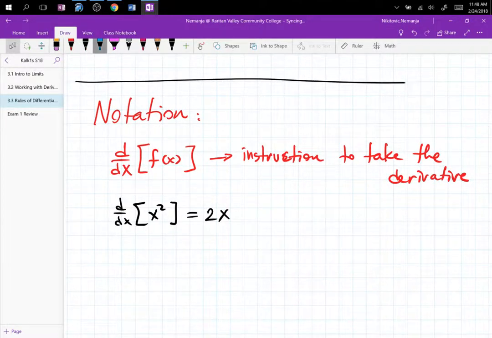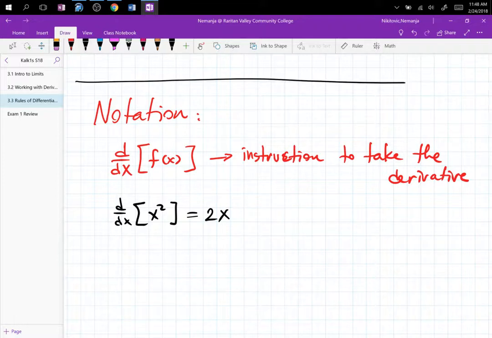Later on, I'm erasing this, later on the instruction is take the integral of x squared with respect to x. So the instruction is d dx, which means take the derivative, or the squiggly line integral, take the integral of f of x. And those are the two operators which we study in Calculus 1, 2, and 3, differential equations, and so on. So it's just a notation, it's just an instruction.